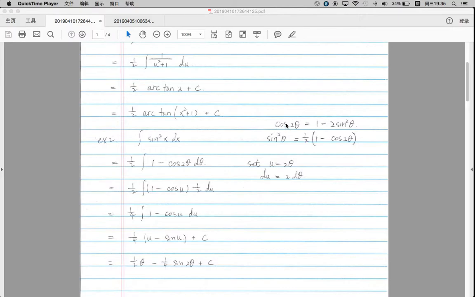You can also remember cosine 2 theta as cosine of theta plus theta, which is cosine theta times cosine theta minus sine theta times sine theta. Then you have cosine squared theta minus sine squared theta, and cosine squared theta is also 1 minus sine squared theta, so you have 1 minus 2 times sine squared theta.